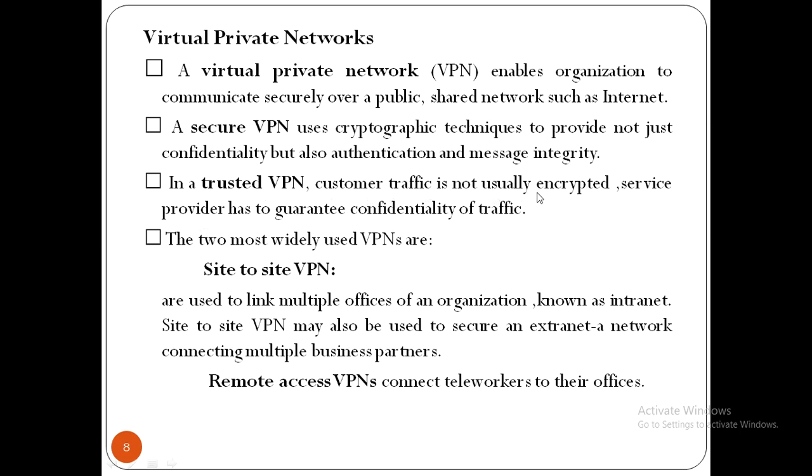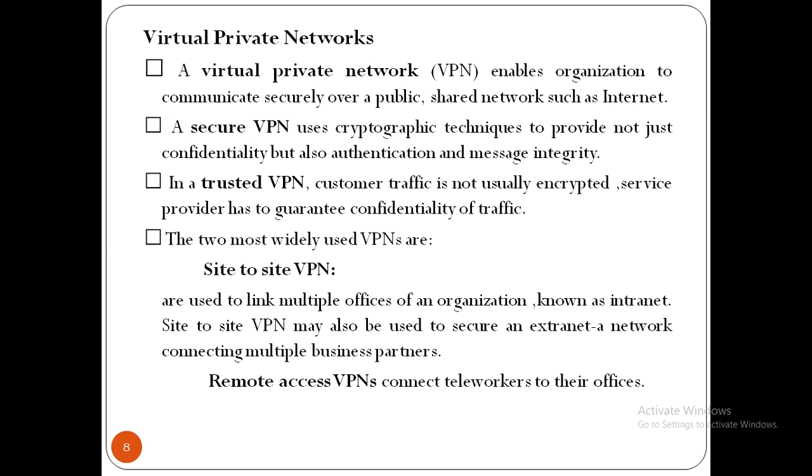Trusted itself says that the traffic coming from the customers is usually not encrypted. The service provider has to guarantee the confidentiality of the traffic. So the name itself indicates that no encryption method is used, but the service provider should ensure it is guaranteeing the confidentiality of the customer traffic.